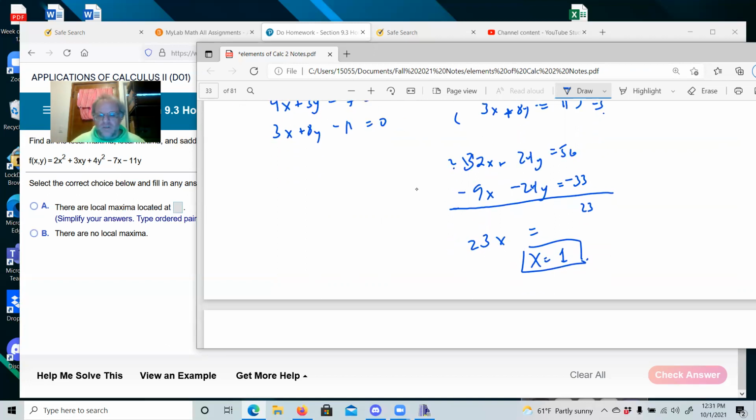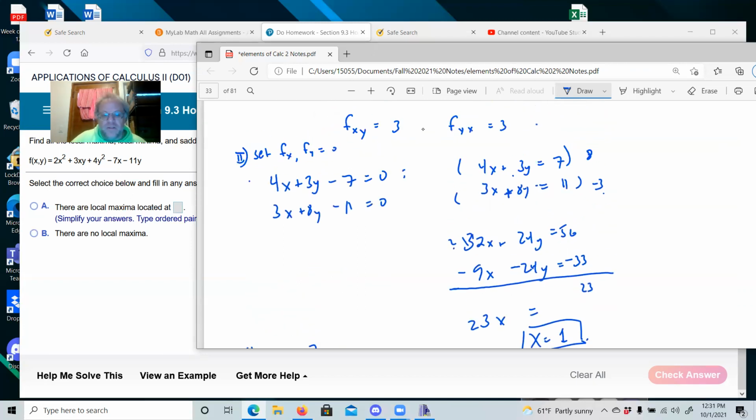Okay, so let's go ahead and say we have 4 times 1 plus 3y minus 7 equals 0. Either one of these is just fine. What if I plugged it into this one? That's fine, we don't care.